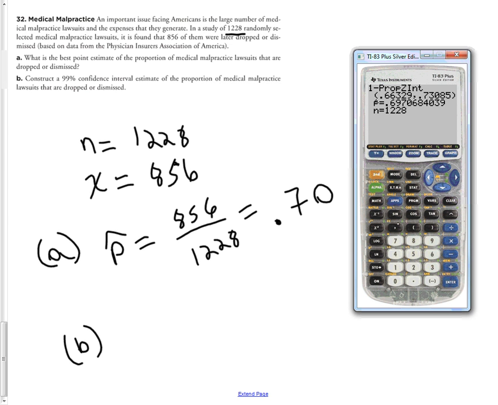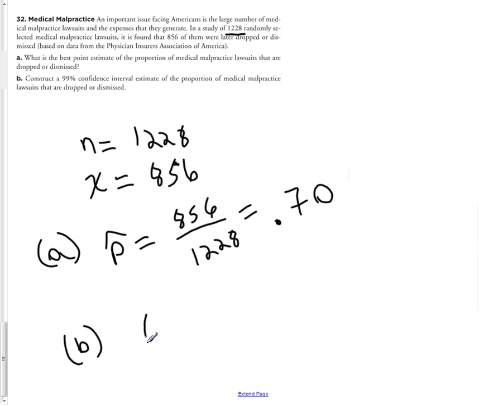So here's an interval estimate for the proportion of medical malpractice lawsuits that are dropped. 0.663 to 0.73031. So that's 0.663 to 0.731. And this interval estimate has 99% confidence.